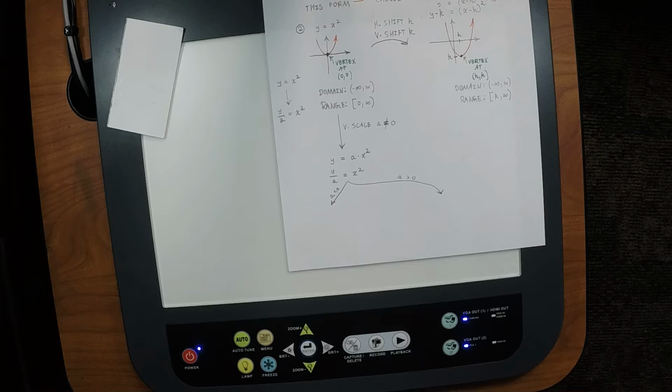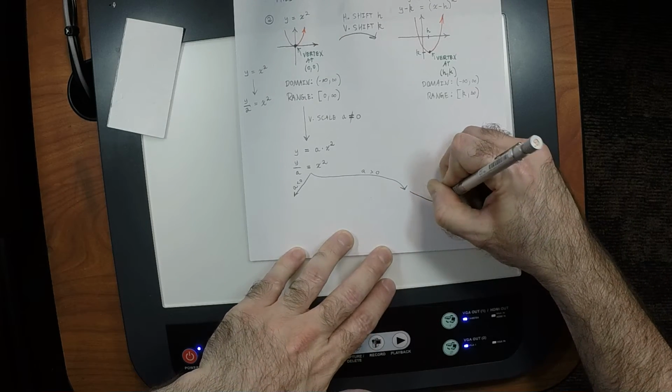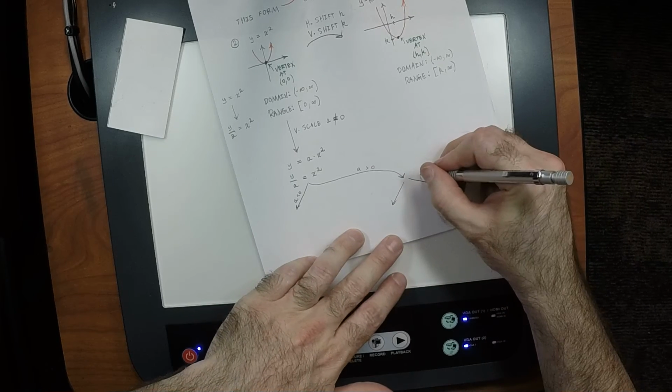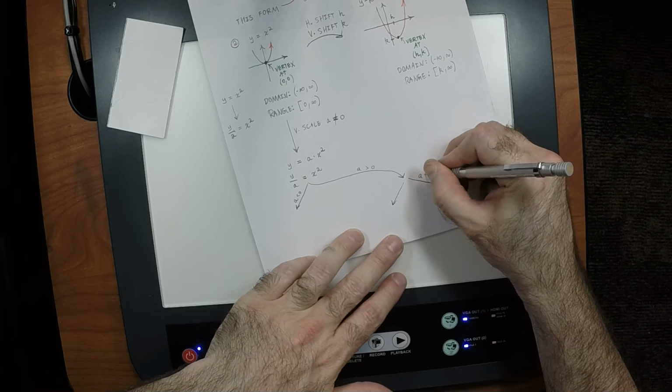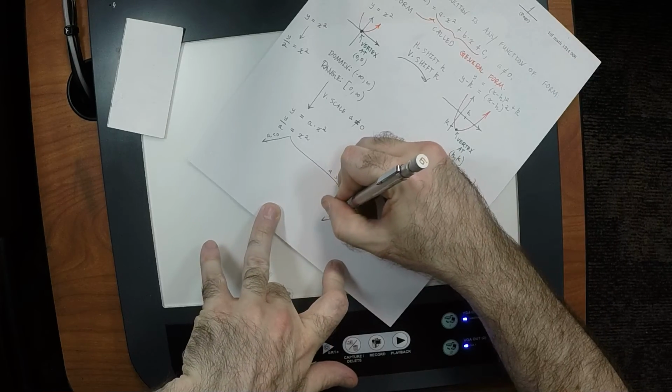Now, if A is more than 1, like if it's 2, that means we're making the object taller. So there's a possibility that splits like this. We could say A could be greater than 1, or A could be less than 1.